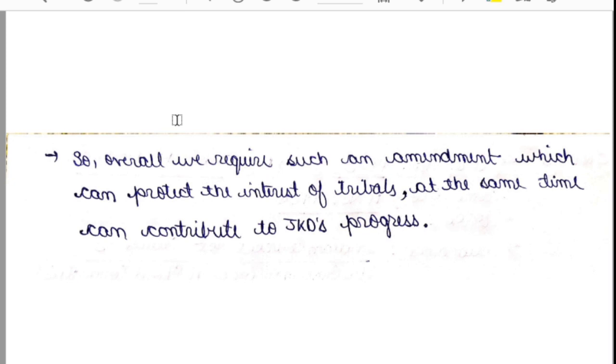That is, whatever land act we bring, it should take care of the interest of the tribals, as well as contribute to Jharkhand's progress. Okay, so this was all from the introduction portion of the CNT Act of 1908, and in the next lecture we will see some of the other land acts of Jharkhand, and after that we will go into the detail of the CNT Act.